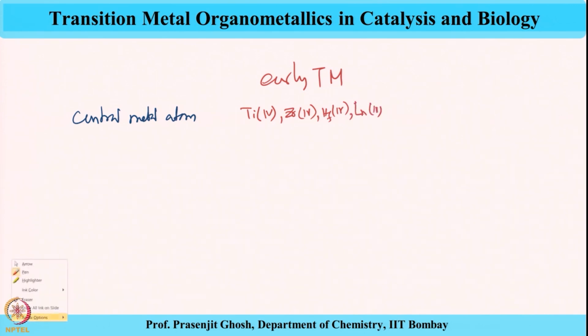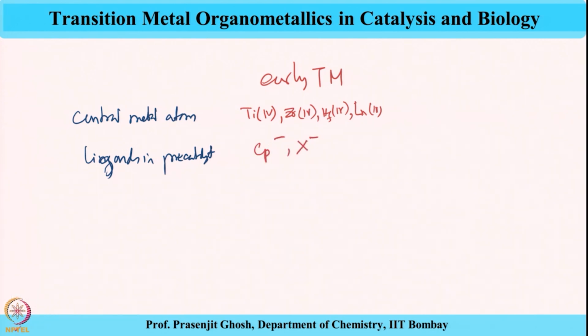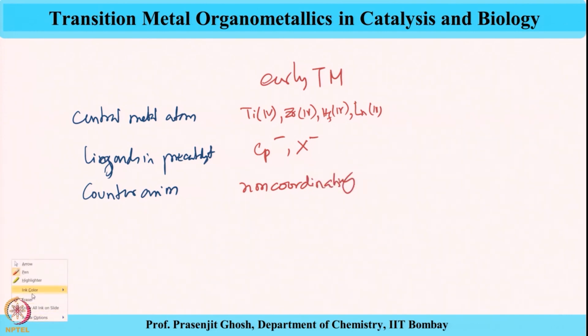Then the ligands in the pre-catalyst usually had been Cp minus and halides. The counter anion for these cases had been non coordinating.